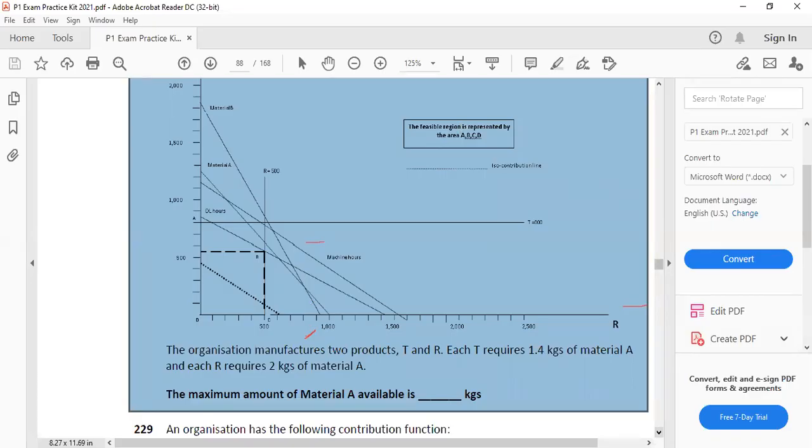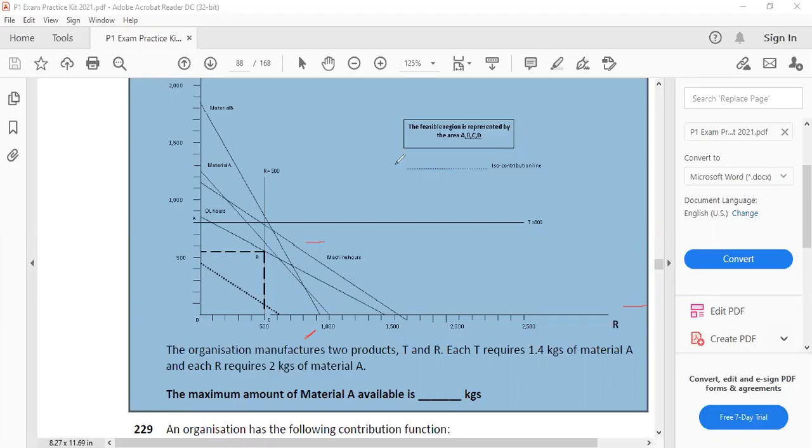T is a parallel line to the x-axis, R is a parallel line to the y-axis. Yes, ma'am, but the y-axis is called T and the x-axis called R. No. These are not the axes. These are two products. So the products are given.